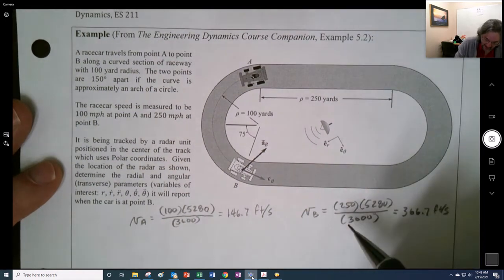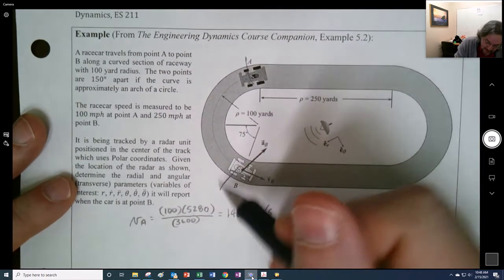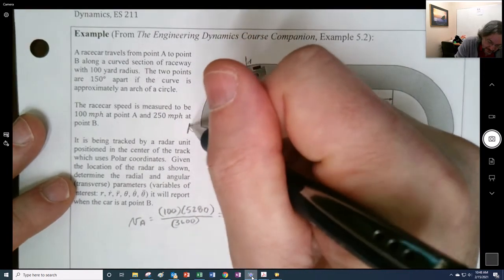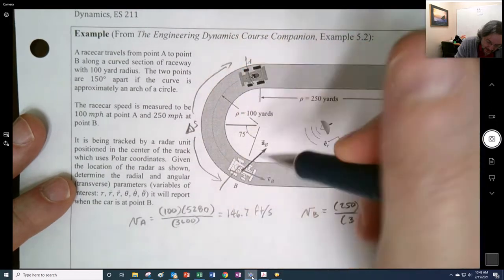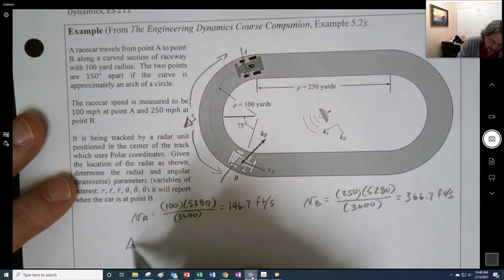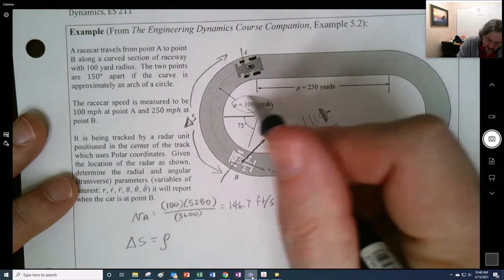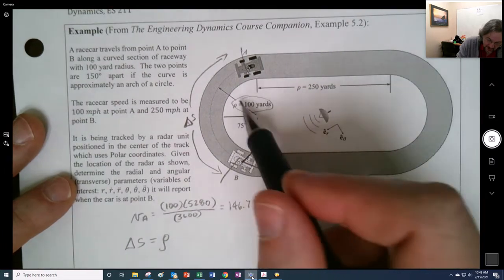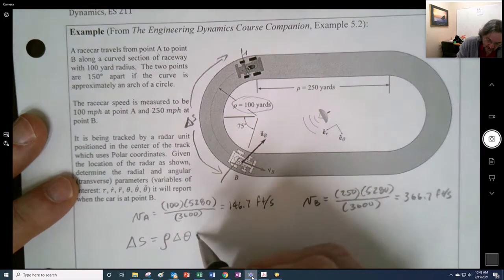But anyway, I'm going to think about the arc that this thing makes right here. The delta S, that was supposed to be a delta, looks like an upside down heart. The delta S that this thing makes is going to be the radius times the change in angle, right?